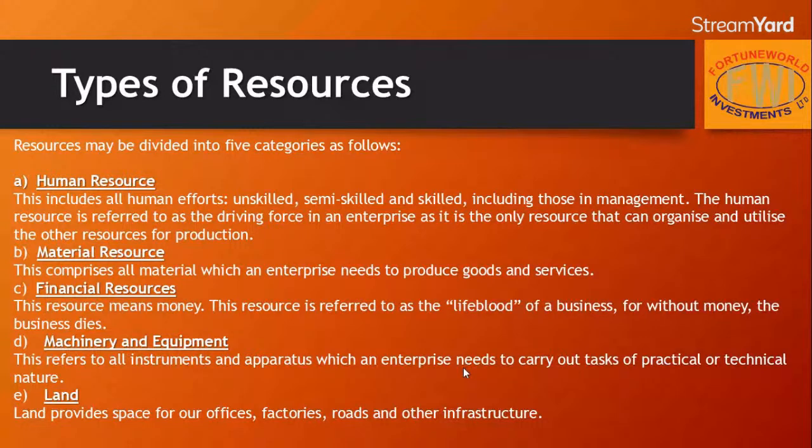We have looked at the material resources that you need for that particular business. We have looked at the financial resources, which talks about the money. We have looked at machinery and equipment as the 4th type of resource, and we have looked at land. All these resources are very, very important, and we need to identify them and apply them to our types of business. So we'll be talking about them in a bit more detail as we go to the next segment.